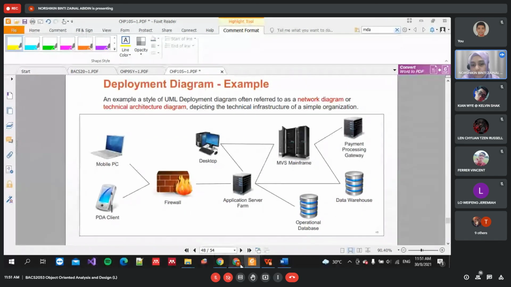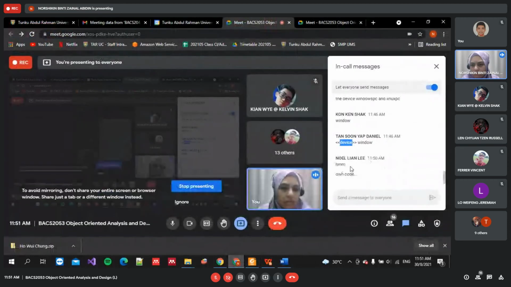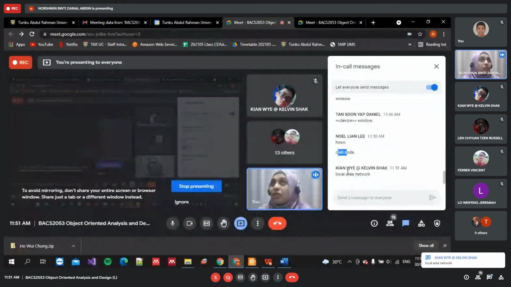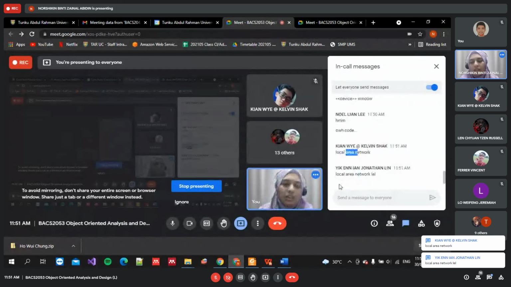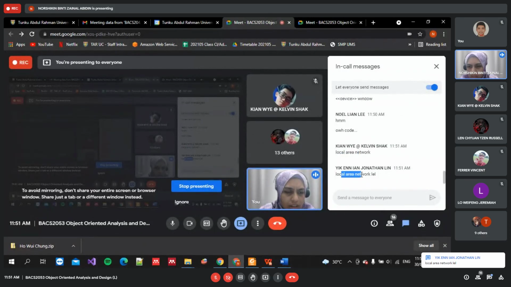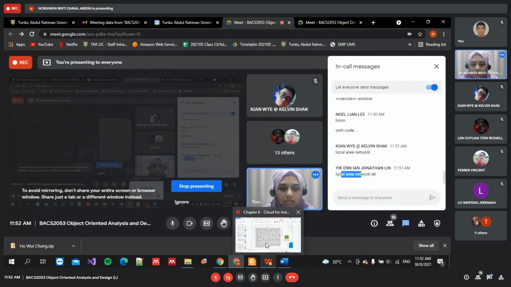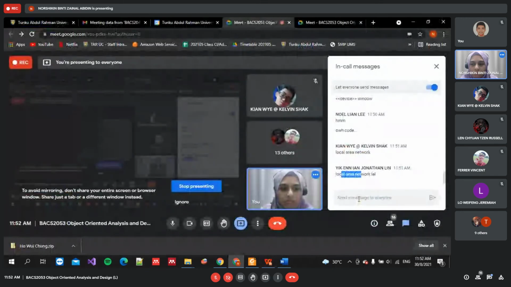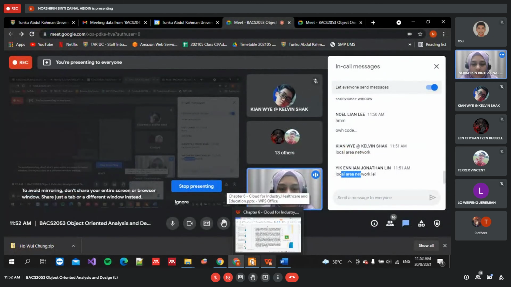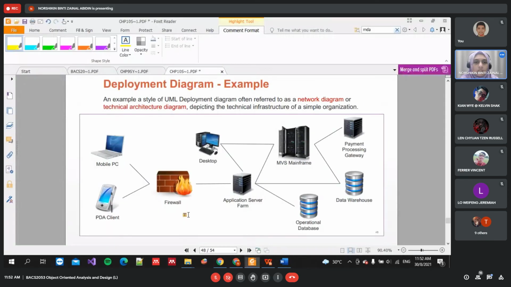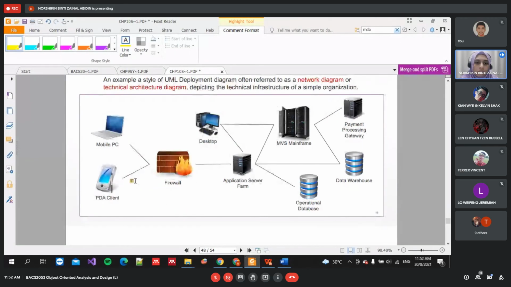Yes, local area network. LAN is local area network. Okay, so this is an example.